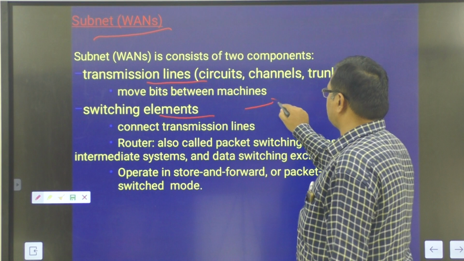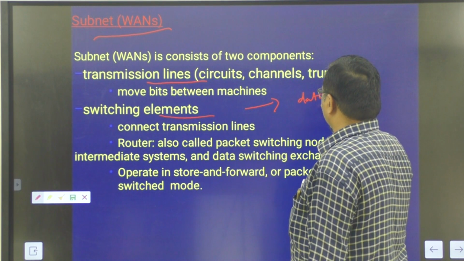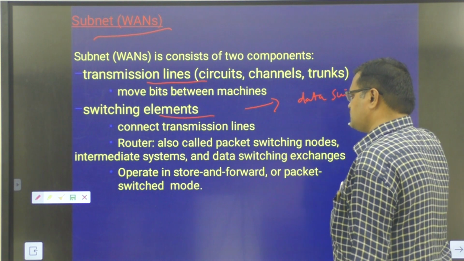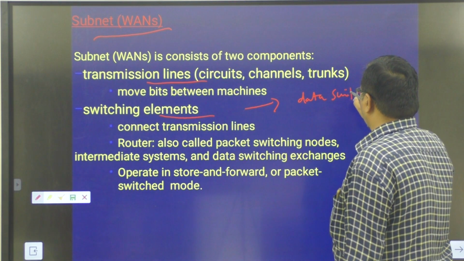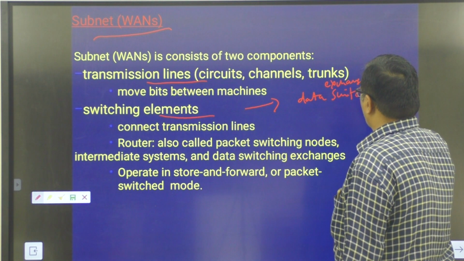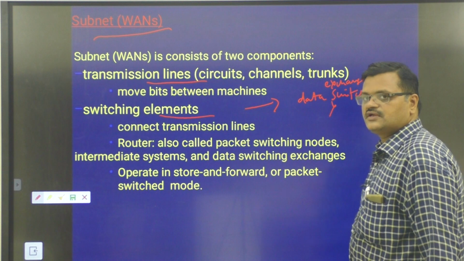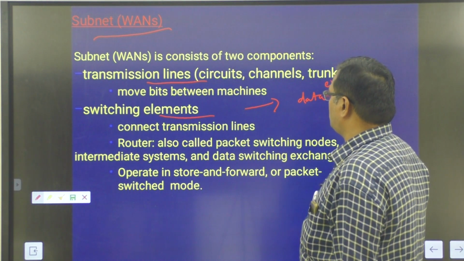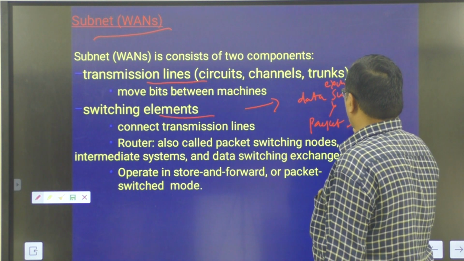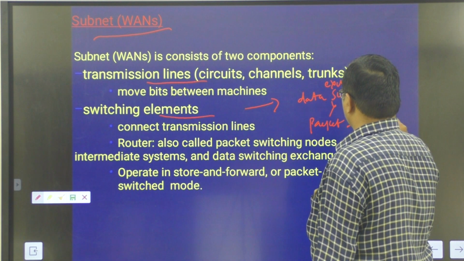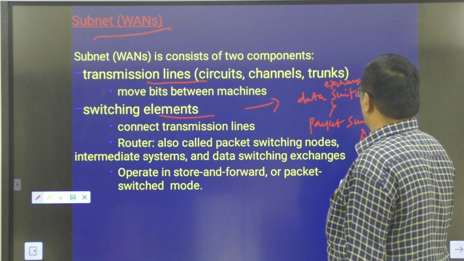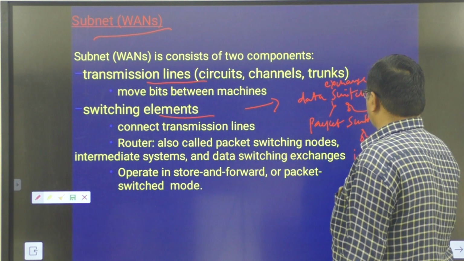So the switching elements, what is a switching element? So data switching, data exchange switches. Either it will be data exchange switches, okay, or packet switching switches, or intermediate systems.